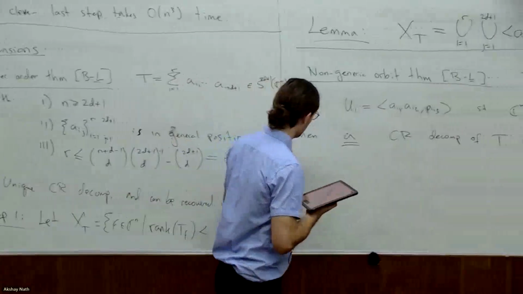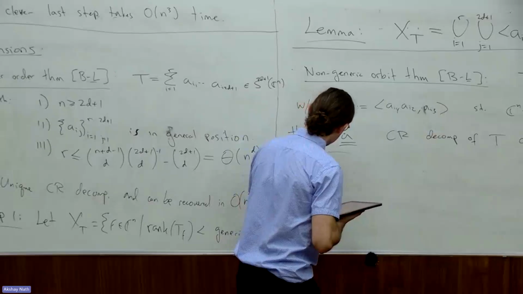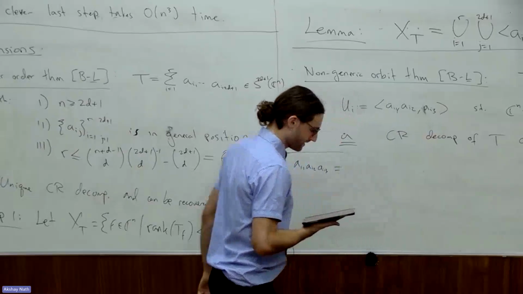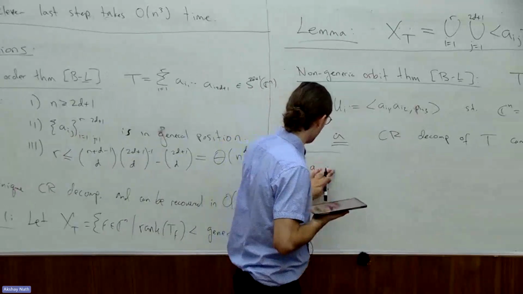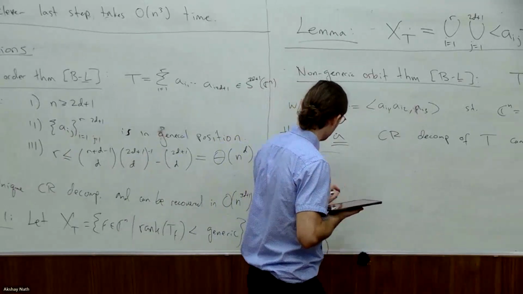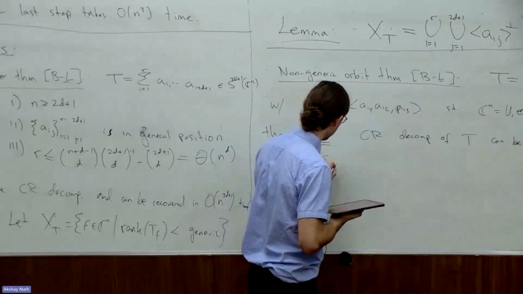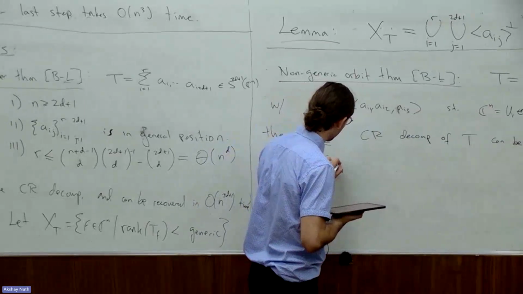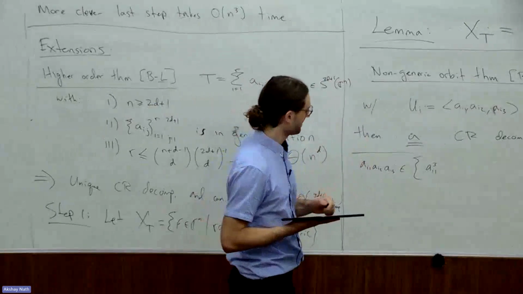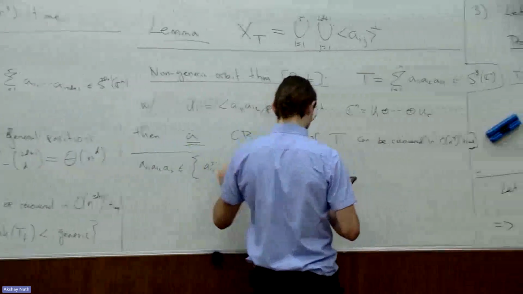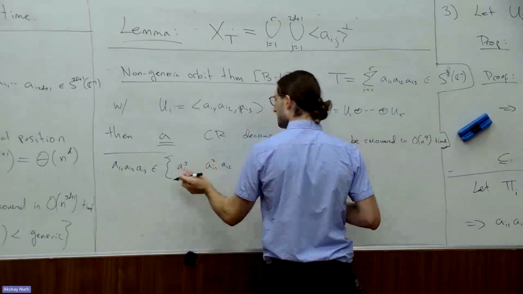So what are these different cases? AI1, AI2, AI3 could look like a few different things. Let me write it down in a kind of stupid way. It could just be AI1 three times, just 3 vectors, and then you take their tensor product 3 times. Or it could be AI1 squared AI2.